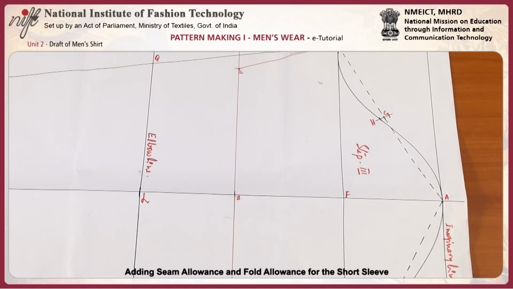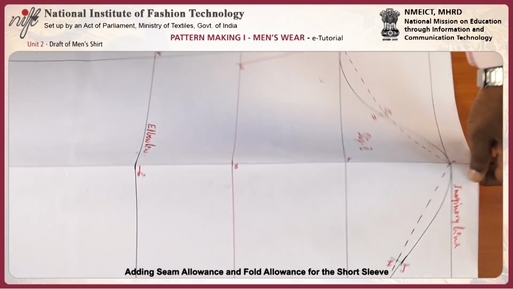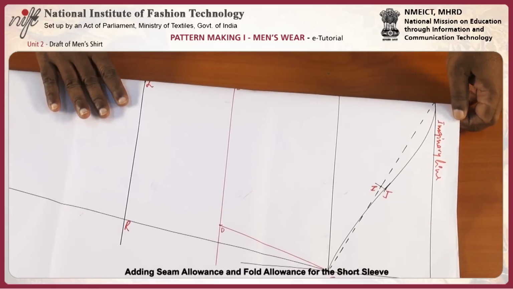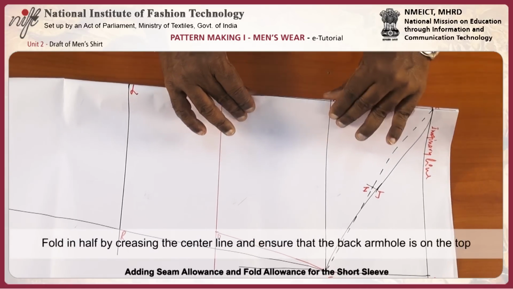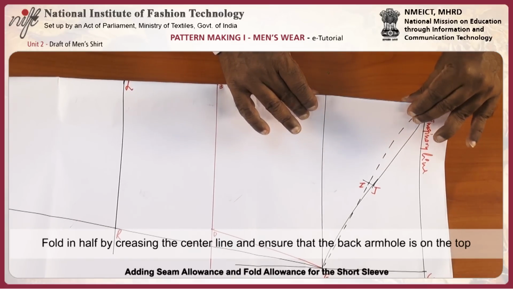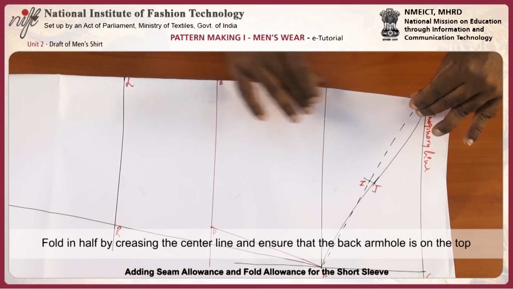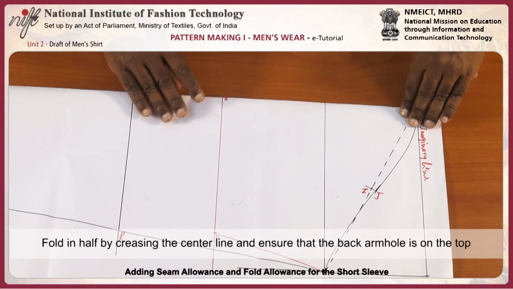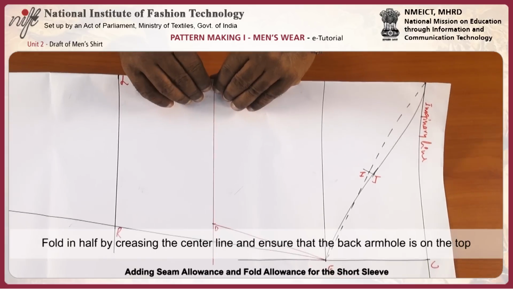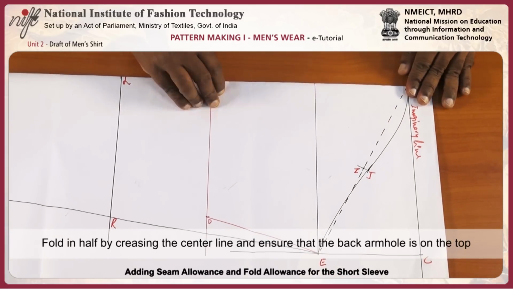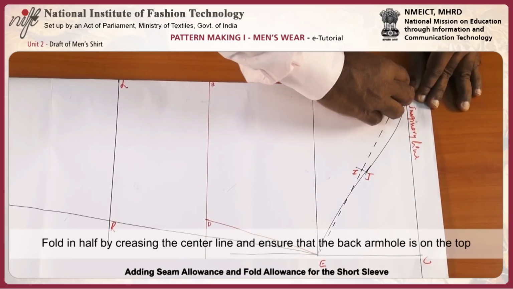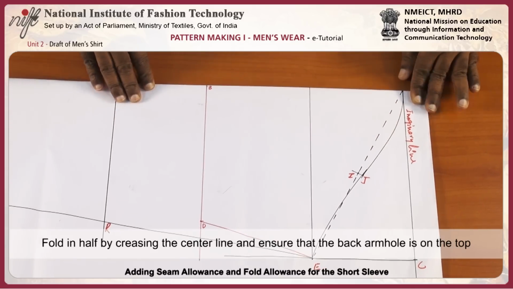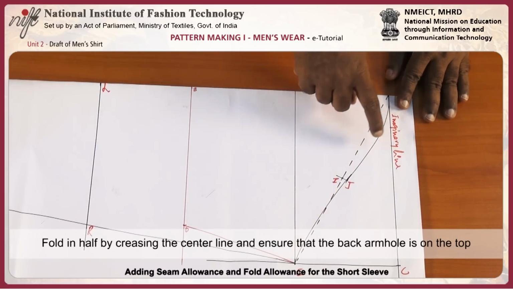Now adding seam allowance and fold allowance for the short sleeve. Fold into half by creasing the center line, where the back armhole should be on the top.